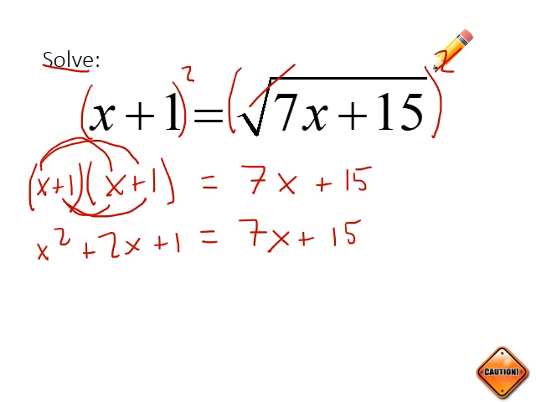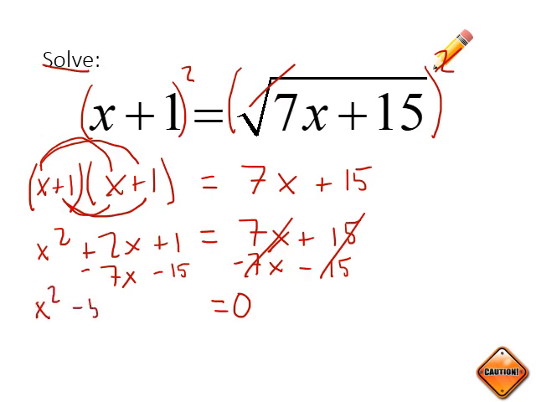So again, since it's a quadratic, a degree 2, I'm going to move everything to one side of the equal sign and use my factor to solve method. Again, on the right side, I now have 0, which is what I want. On the left side, x squared minus 5x minus 14. I'm going to factor to solve.